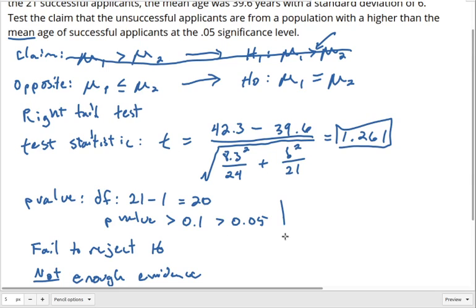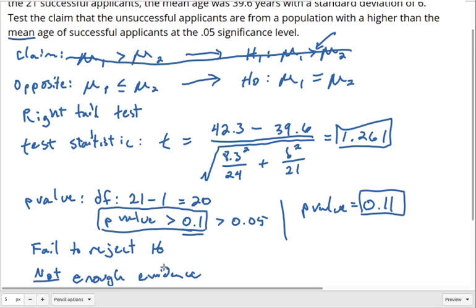So from Google Sheets, I know the p-value is 0.11, which indeed is bigger than 0.1. So if the homework asks you to find the range, knowing that my p-value is 0.11, I could select the option that says it's bigger than 0.1.